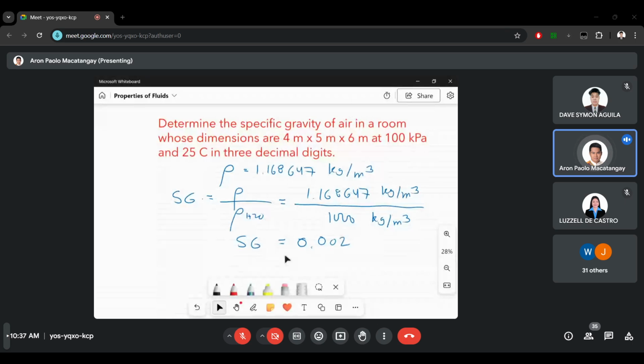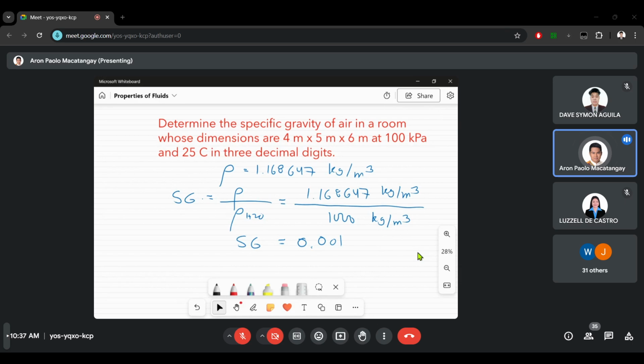3 decimal digits daw eh. Okay? Ay, 1, 1, 6. Ay, tama. So that is 0.001, kasi round off.